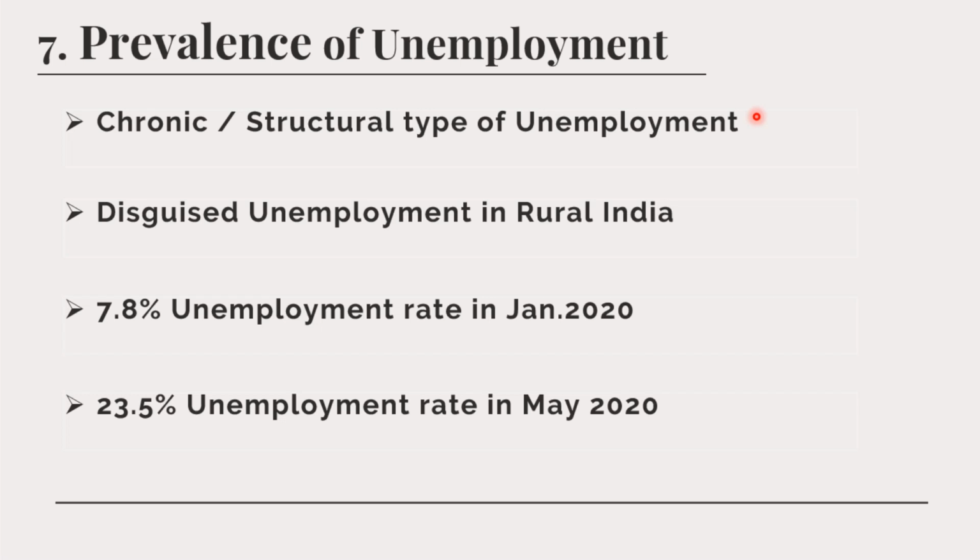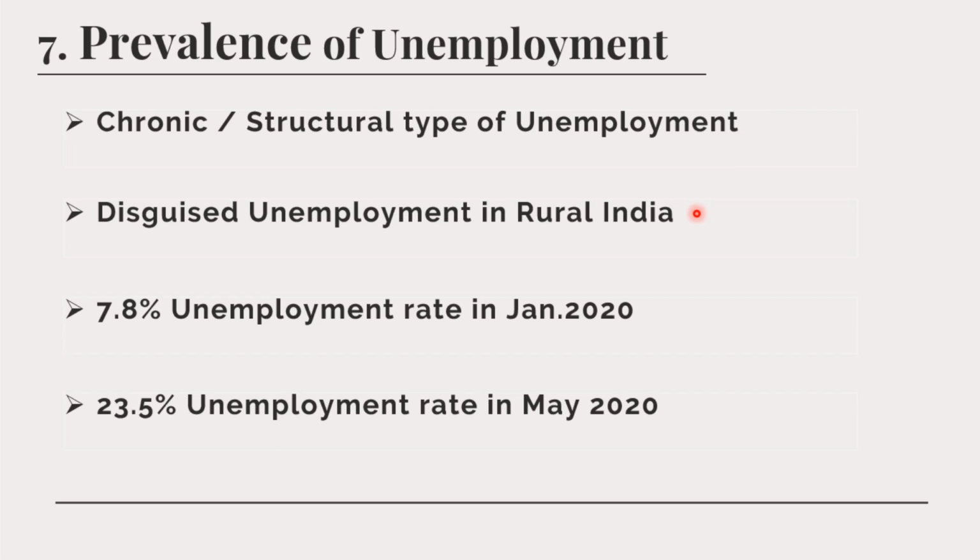The second important type of unemployment which we can observe in our economy is disguised unemployment in rural India. Disguised unemployment means it is a hidden unemployment. People are working in the fields in rural area, but their labor is not increasing the productivity in the agrarian sector.